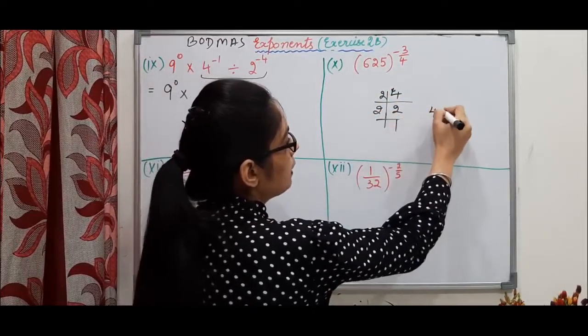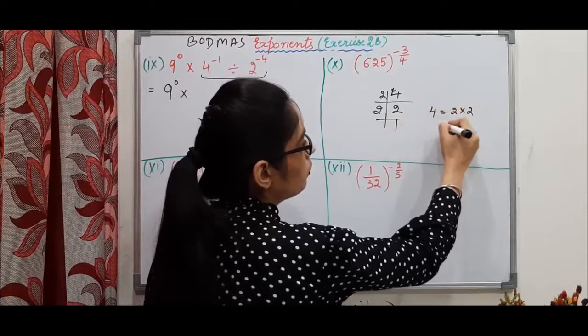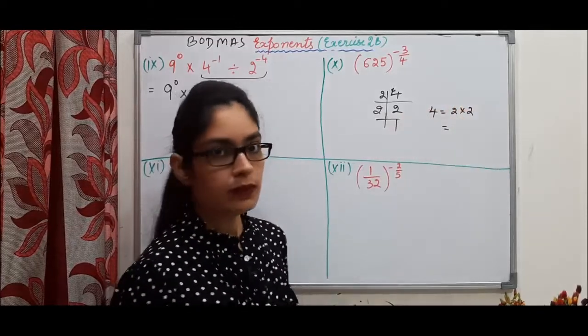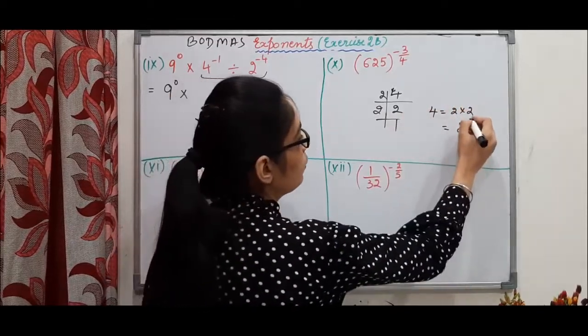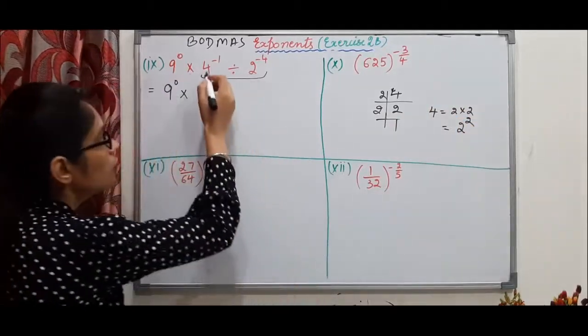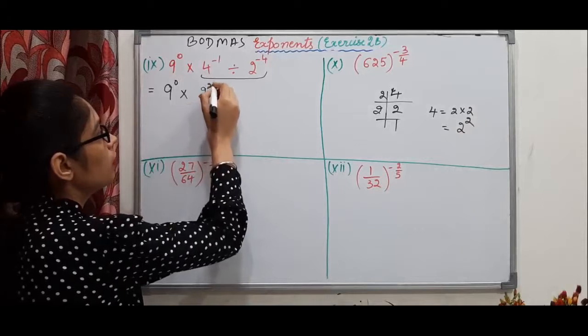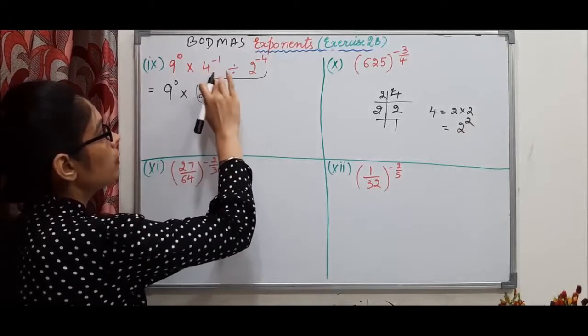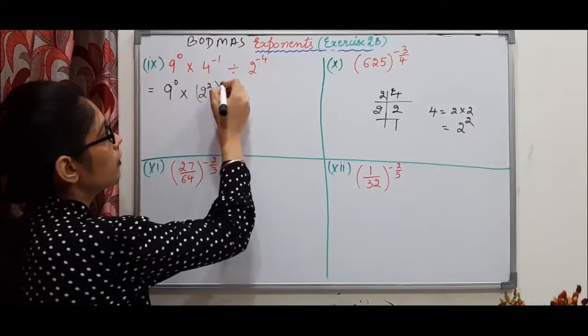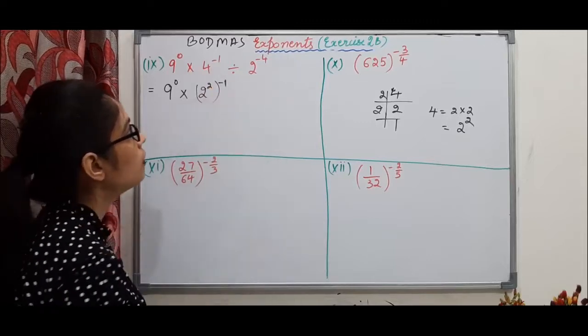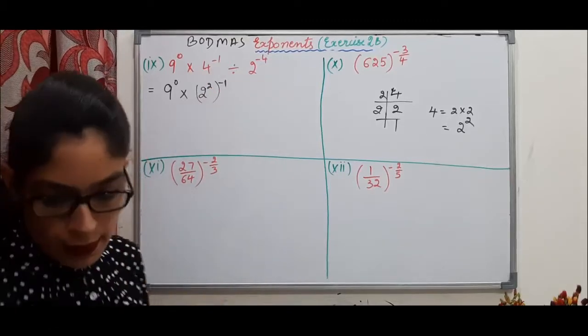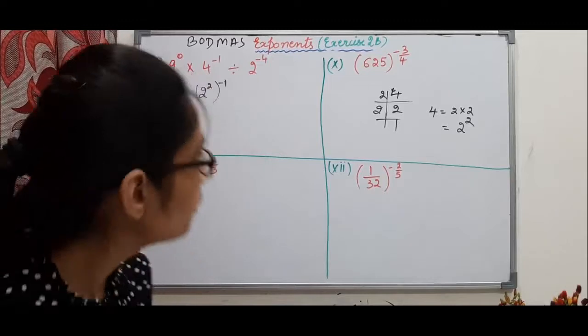So 4 can be written as 2 into 2, 2 getting multiplied by itself 2 times. So we can write 2 to the power 2. In place of 4, we will write 2 to the power 2, and this power minus 1 as it is we will write, divided by 2 to the power minus 4.